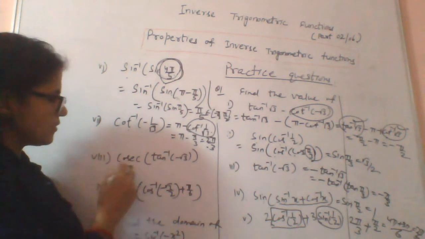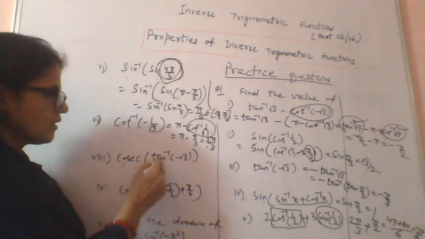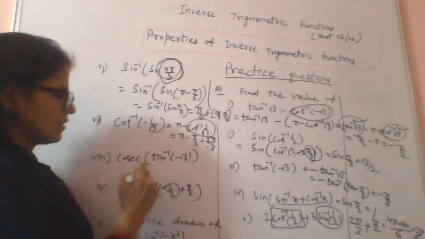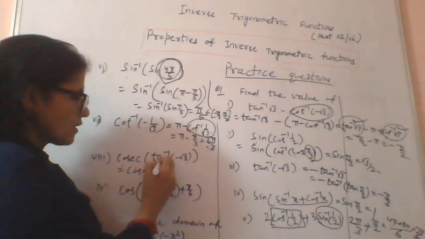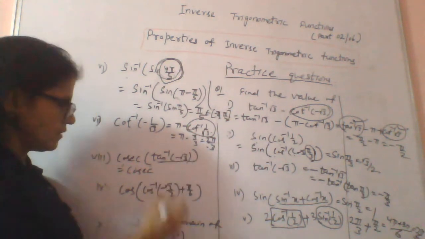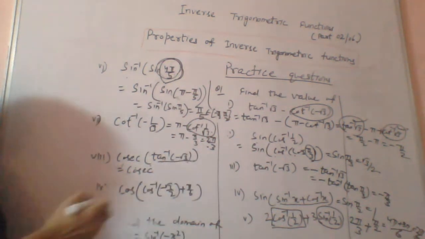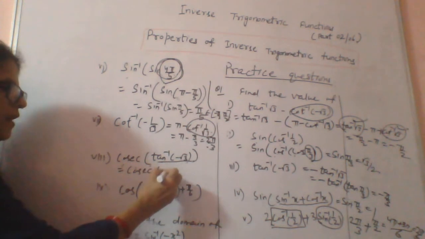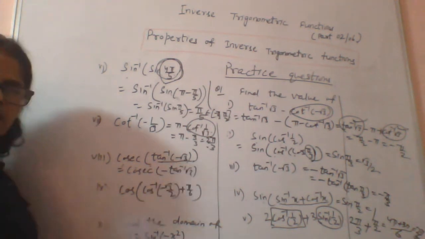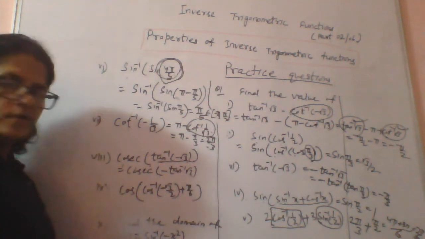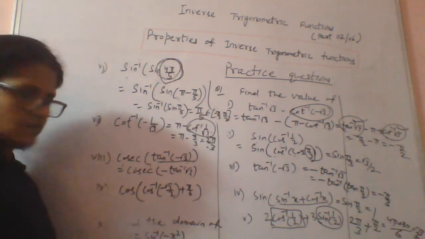Next one is cosec of tan inverse of minus root 3. Here tan inverse of minus root 3 is basically minus of tan inverse root 3, and tan inverse root 3 is pi by 3.